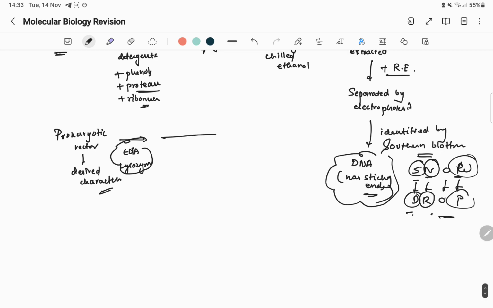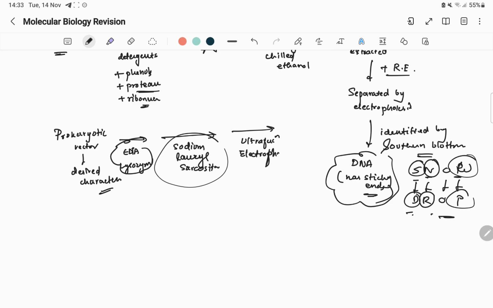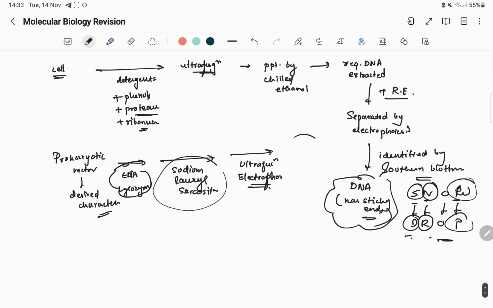Then you treat it with sodium lauryl sarcosinate. Then ultracentrifugation is done, electrophoresis is done, and the plasmid is acquired.